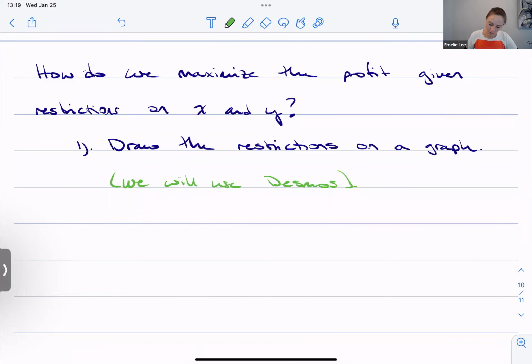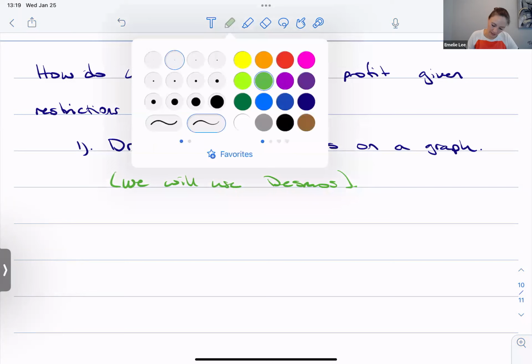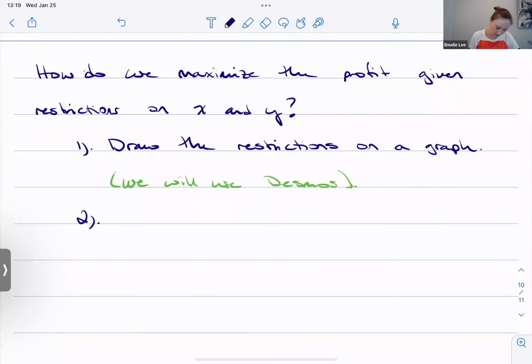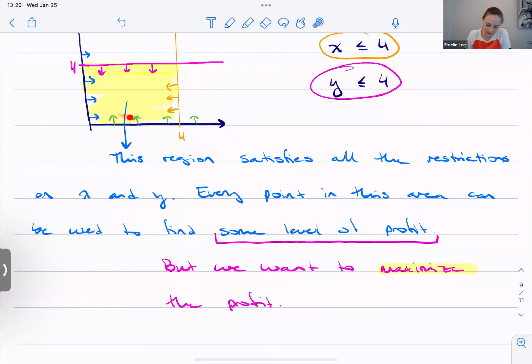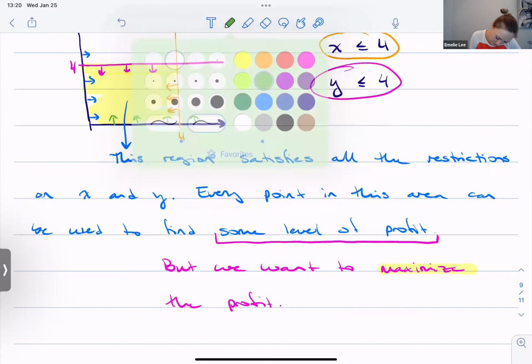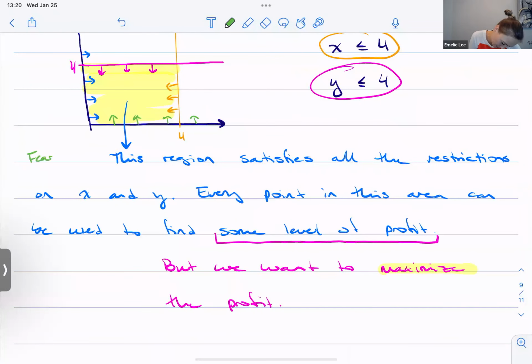Okay, so next thing you're going to do is, I like to shade the feasible set. It's called the feasible set. And so here, that's this region, right? All the values that satisfy the restrictions on X and Y. So this is the feasible set.